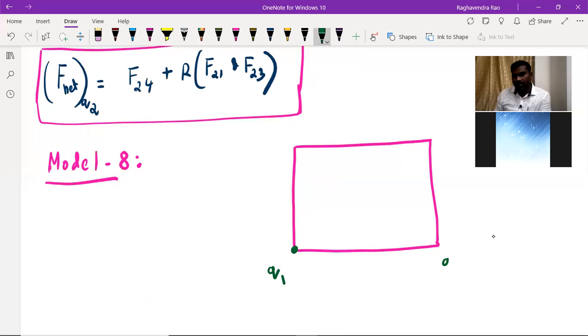This is Q1, Q2, Q3, Q4. These are diagrams. Okay.